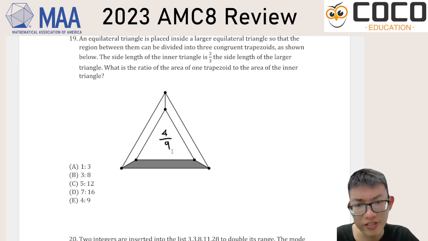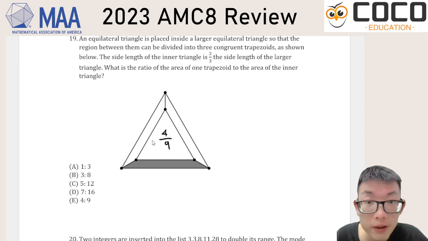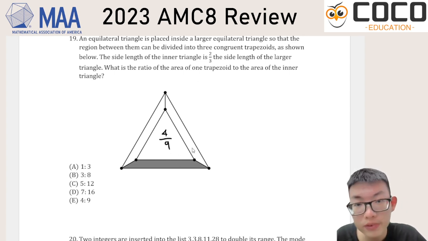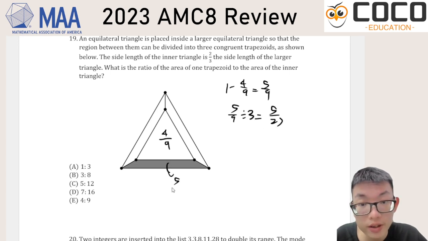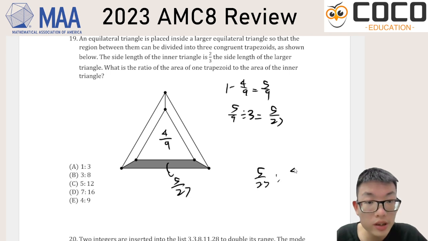It doesn't really look like 4/9 because it's not very to scale, but it would be 4/9, 2/3 squared. So the rest of it will be 5/9, and 5/9 split into 3 equal parts will be 5/27. And so the ratio, if I multiply by 27, I would get 5:12.